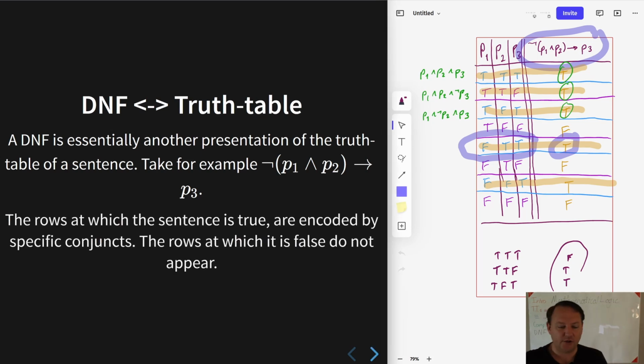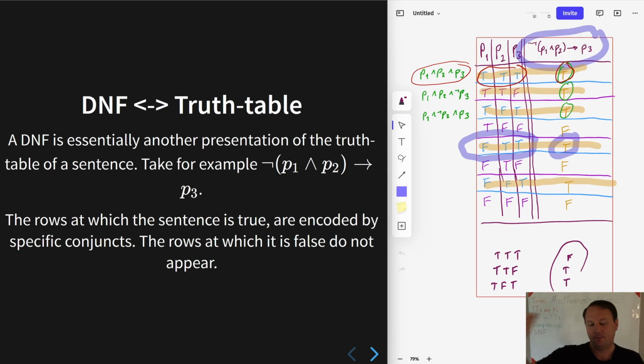And I just want to give a brief moment to talk about making sense of this, I guess. What this effectively says, right, is this conjunction says I require that P1 and P2 and P3 are all true, just like in this row. And if that is so, then I give the sentence truth, right?